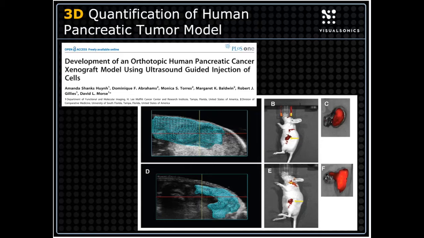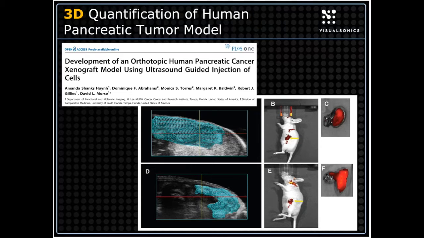And here the ultrasound could prove that you can use it both for detection of tumors, as before, but also for actually injecting tumors into the animal to avoid surgery, as the surgical procedure itself gave a false positive signal on the optical imaging.